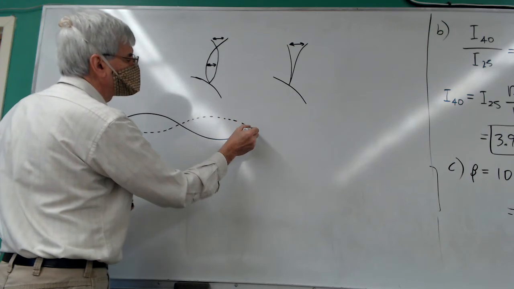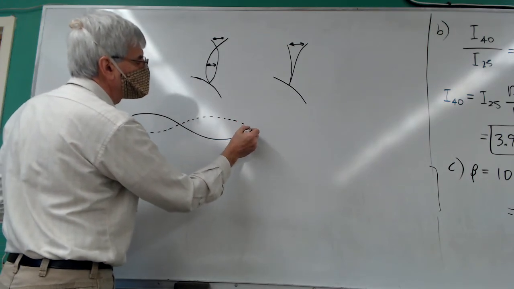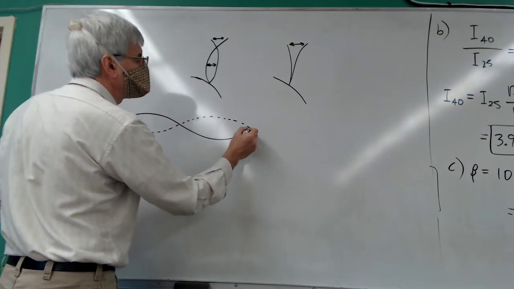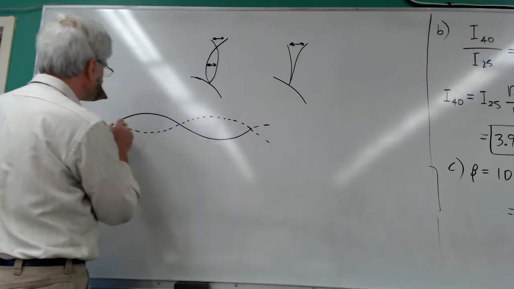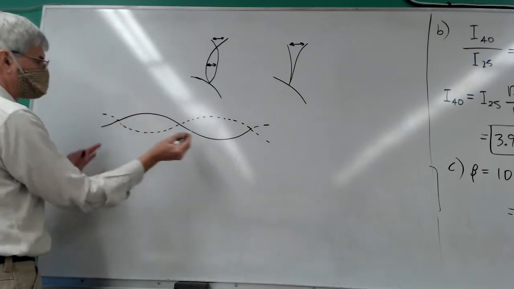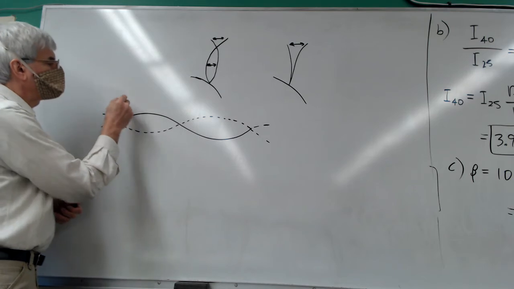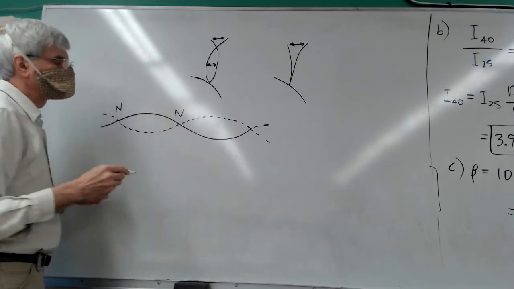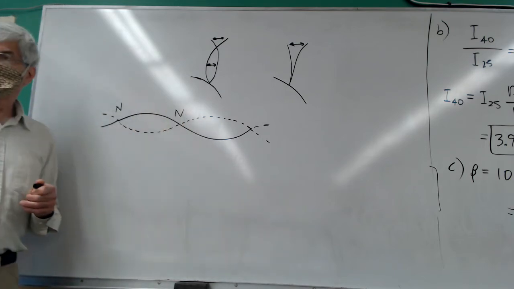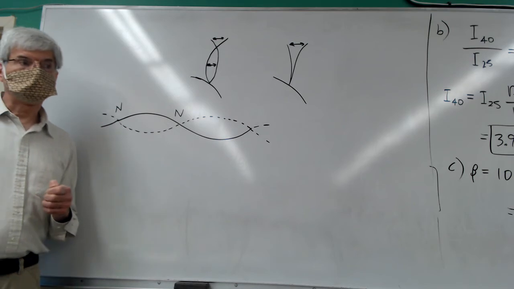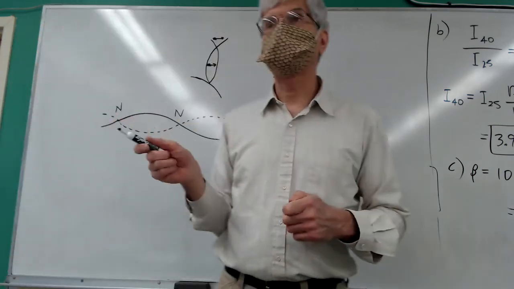The dashed line is the farthest it ever goes to the other side. The pattern might continue on beyond here, but this is what I'm interested in. You've got a node there, you've got a node there. Notice that the nodes are only half a wavelength apart.